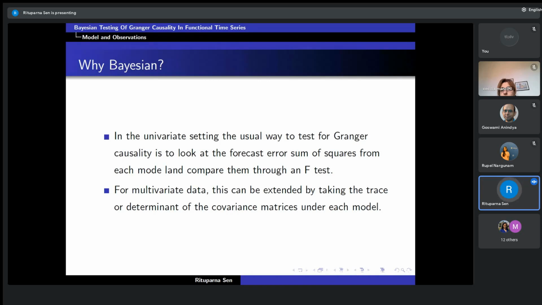But as we all know, if we go to high dimensions, the covariance matrix becomes unreliable. And now we are not even going to high dimensions, we are going to infinite dimensions. So that is what I first tried, looking at the trace of the covariance matrix or some kind of trace thing for infinite dimension. But it was too noisy in the simulations. It was not giving good results.